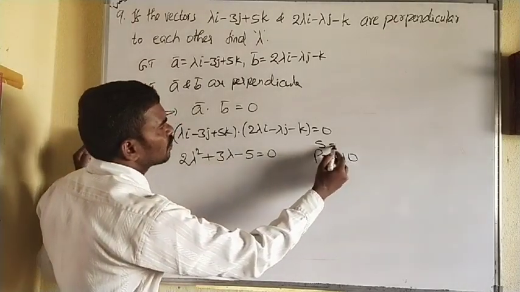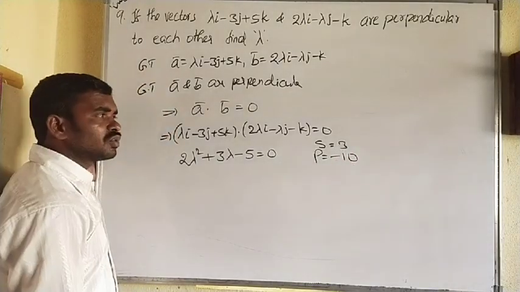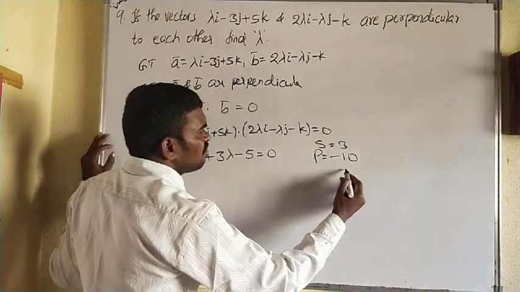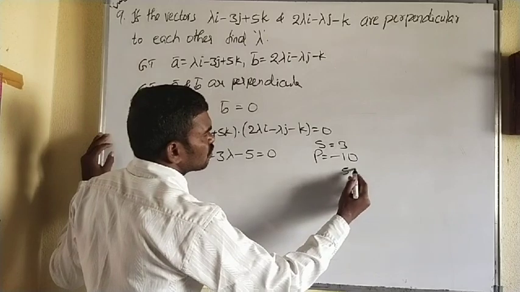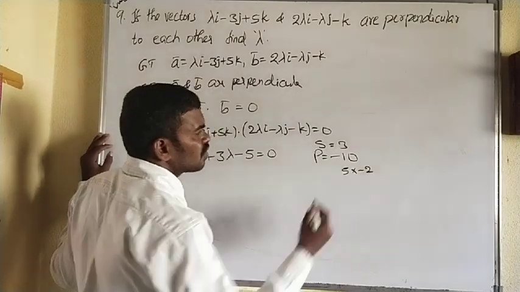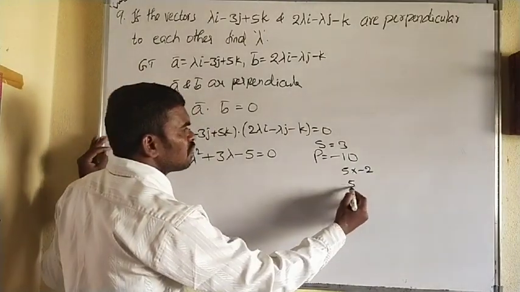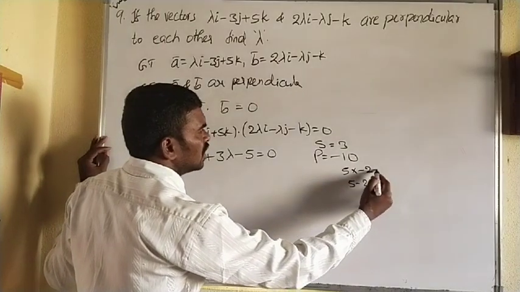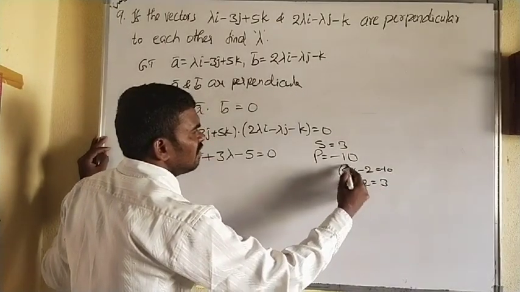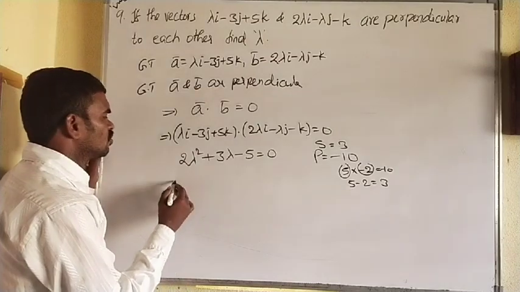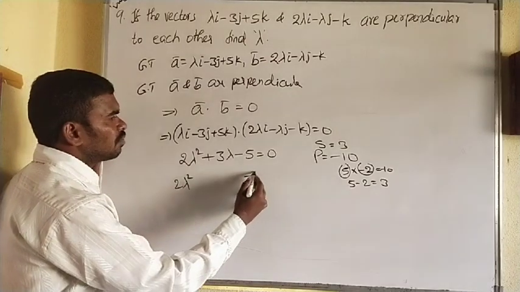So we have to choose two numbers. 5 into minus 2 becomes minus 10, and 5 plus minus 2 becomes 3. So 5 and minus 2 are satisfying. So 2 lambda square, then plus 5 lambda minus 2 lambda, minus 5 is equal to 0.